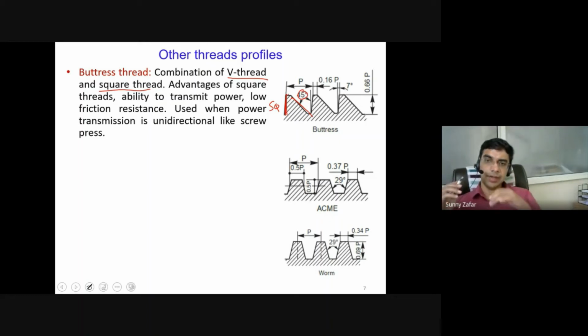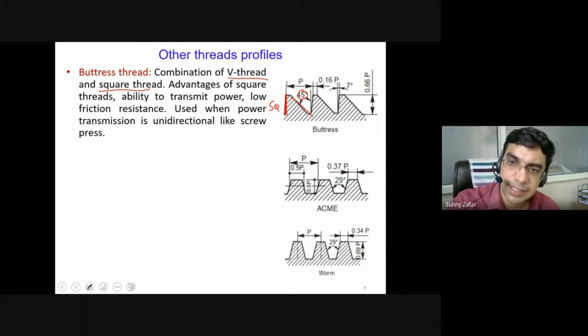So here, instead of having angled flank surfaces on both sides, the angled flank surface is only present on one side at a 45-degree angle. And then the width of the crest is equal to 0.16 times the pitch.